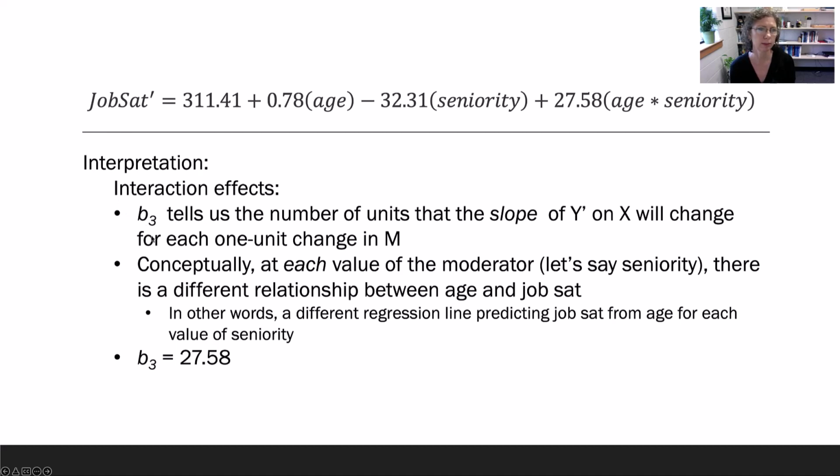And this is why. B sub 3 tells us the number of units that the slope of predicted y on x will change for each unit change in the moderator. Let's look at that. If we're saying age is the focal, I'm looking at the relationship between age and job satisfaction, this relationship here, the 0.78, will change by this much for every 1 unit increase in seniority.